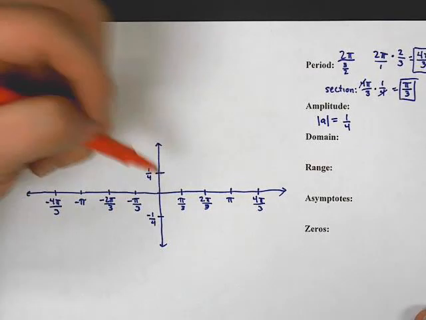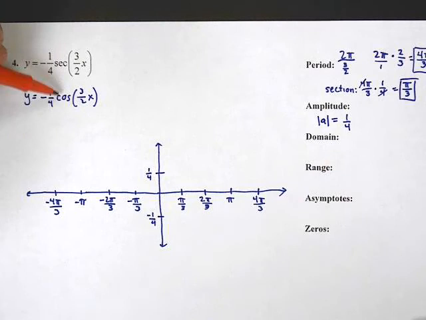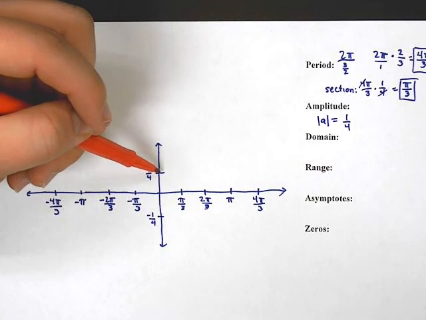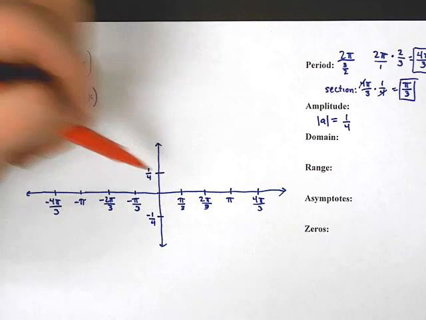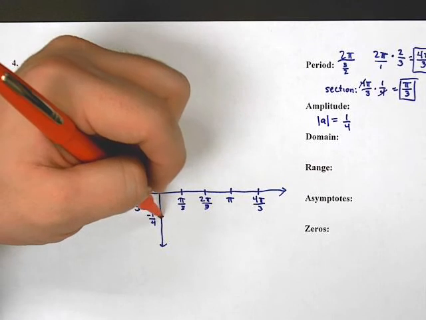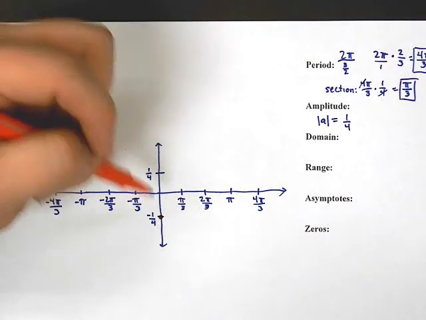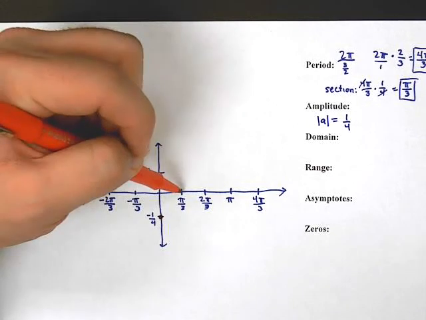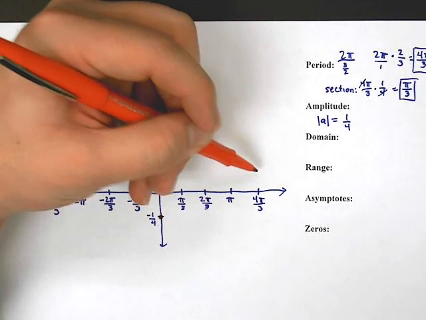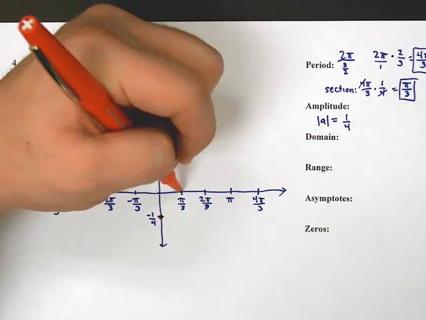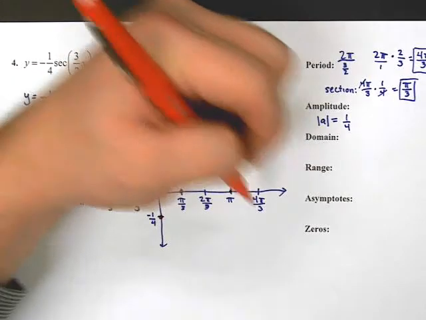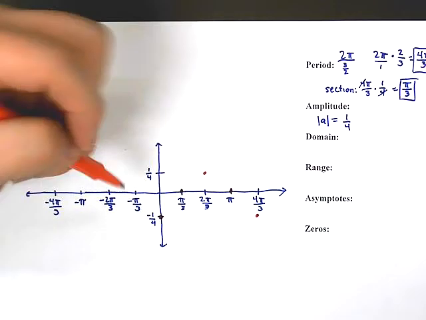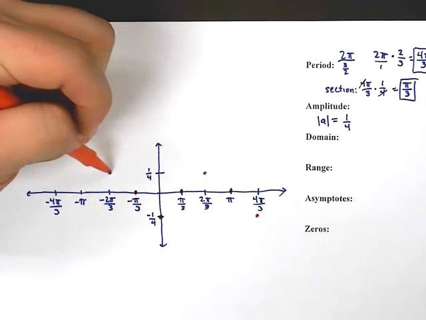So a point that would have started up because it was cosine, and cosine usually starts at its maximum, because it's negative, is actually going to start at its minimum and do the exact opposite. If it were positive, it would have started max, rest, min, rest, max. Now it's min, rest, max, rest, min. And then the same thing on the other side.